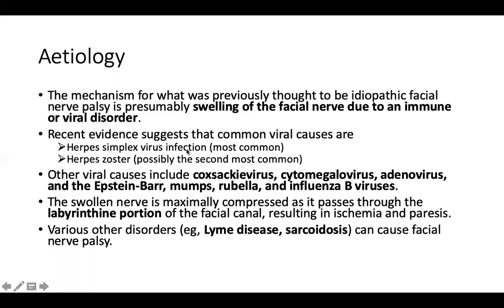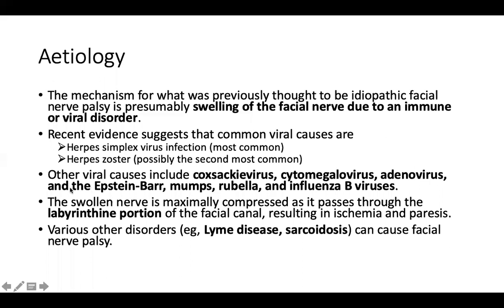So any viral disorder is going to make this nerve swell, and as it swells, it is going to be compressed. Like we have seen, the foramen through which it goes is a very, very narrow foramen. So if it swells, it is going to be compressed by the bones of this foramen where it goes through.